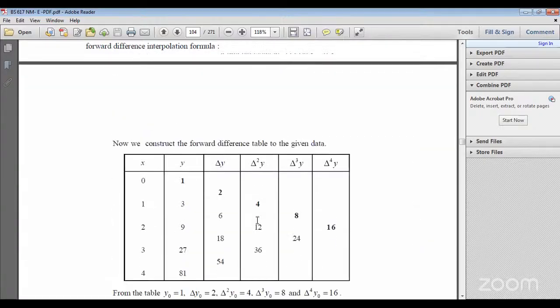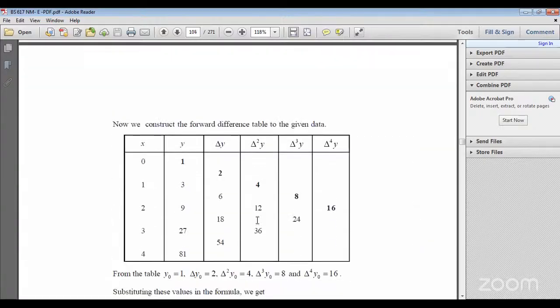Now we construct the forward difference table for the following data.